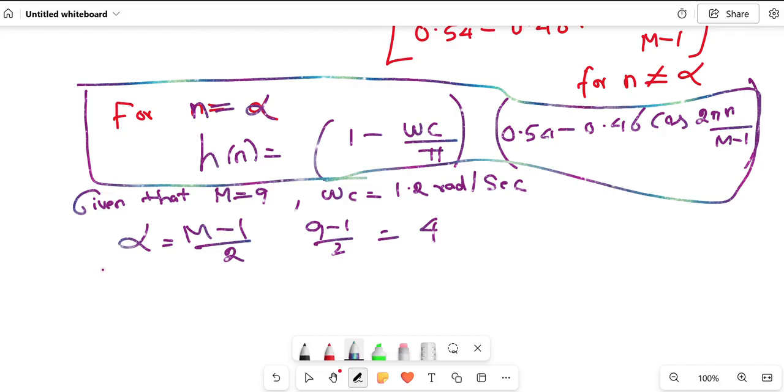See here, both n and alpha are integers.